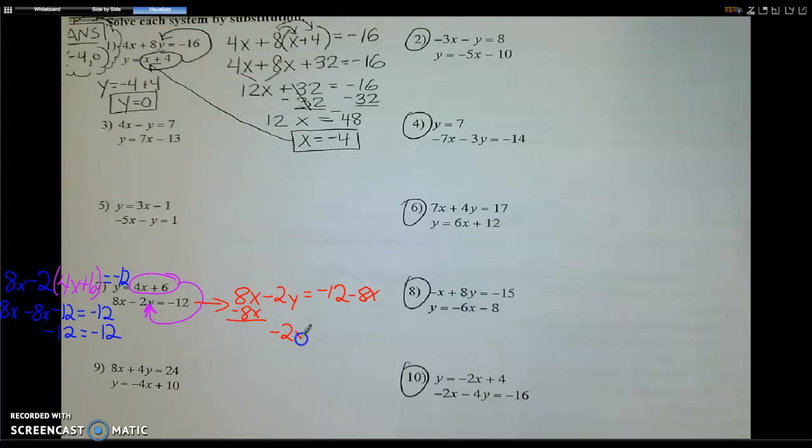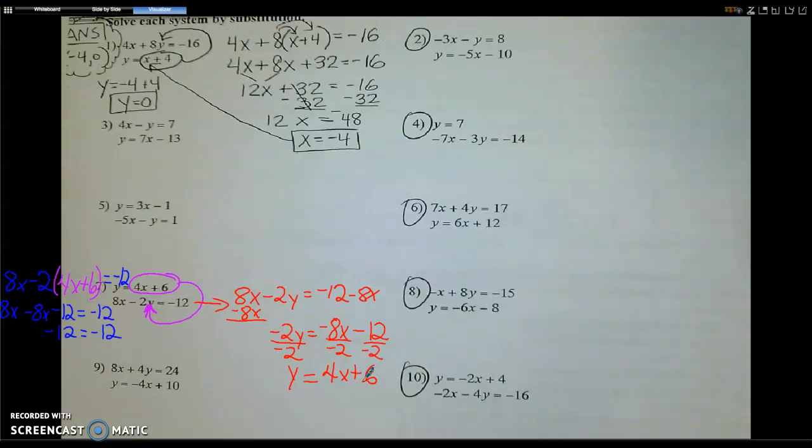That leaves me negative 2y equals negative 8x minus 12. Just reversing the order. Divide by negative 2, divide by negative 2. Okay, y equals 4x plus 6.